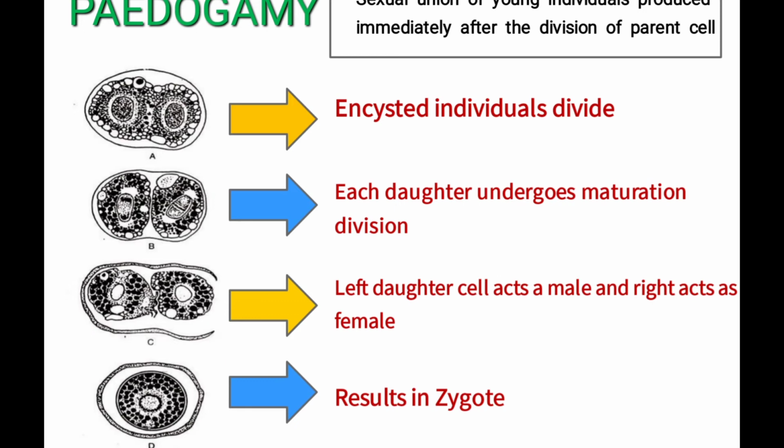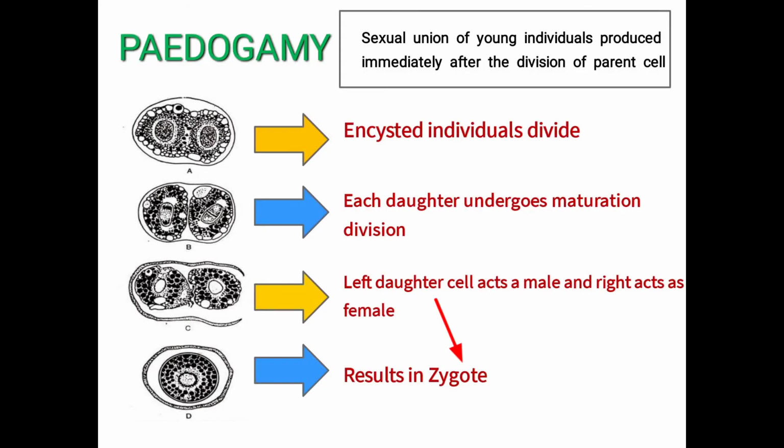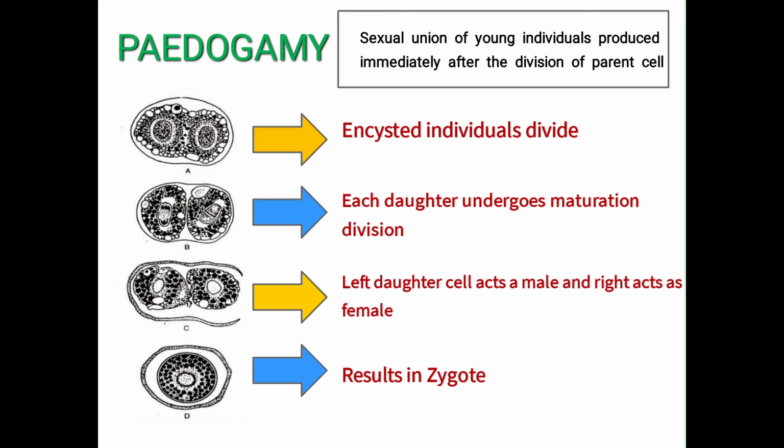Here in this diagram, the left one is the male and the right one acts as a female, and they unite together and result in the formation of a zygote. So the individuals produced by the parent division, once they are produced, just fuse together and form a zygote. So this type is called pedogamy, right? Now you understood this pedogamy, right?